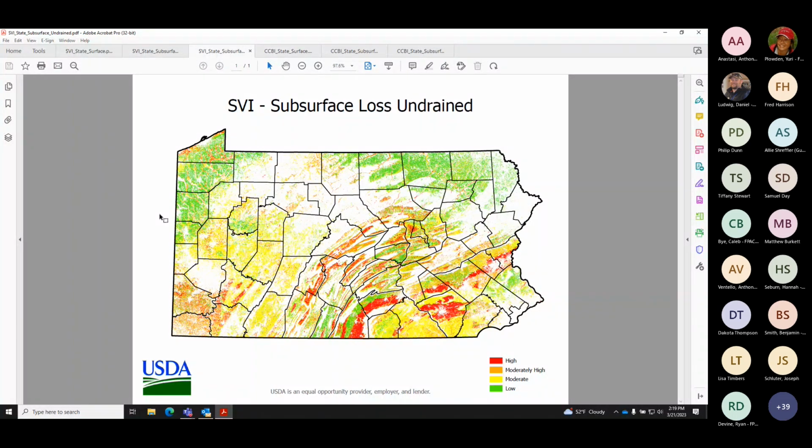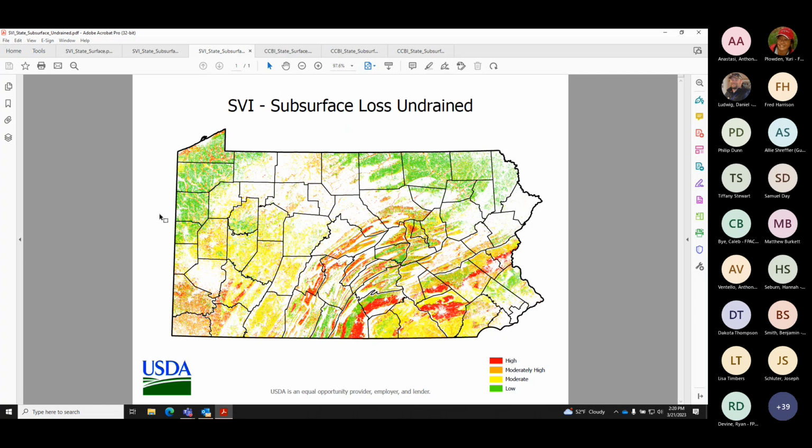So anyways, the SVI is kind of the basis for this next map I'm going to show. Basically what they did was they took the SVI and they took all of our data of practices that we have applied that are in NPAD. So any practice the NRCS has applied since the early 2000s, I want to say, when we started doing everything digitally, is in what we call NPAD, National Planning, something with an A database.